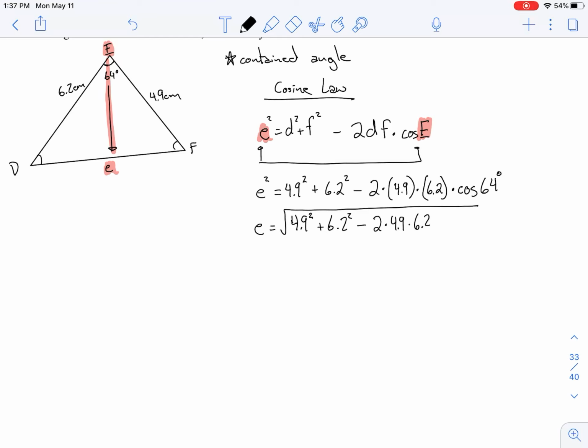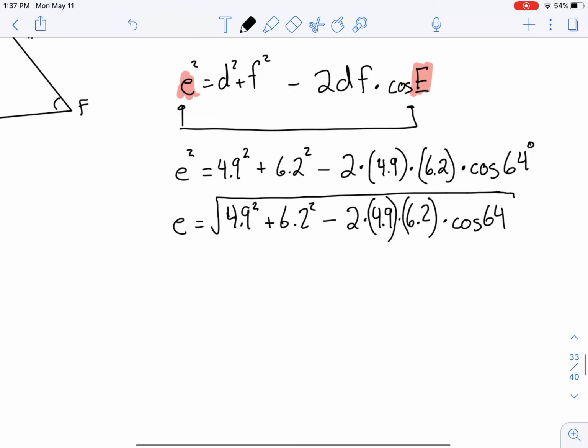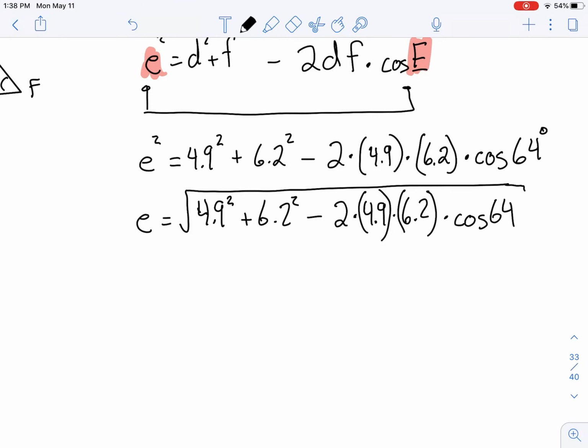See how this gets a little messy without brackets? I'm going to put some more brackets around there. Doesn't make any difference, but just helps me read it. Cosine of 64. So I'm going to try to type this all into my calculator in one go. Depending on your calculator, you may need to break this up into bits and pieces. Hit enter and use the answer key or answer sign there.